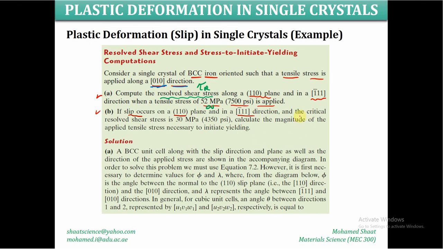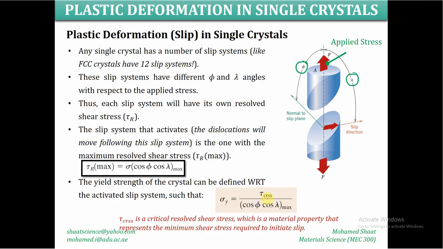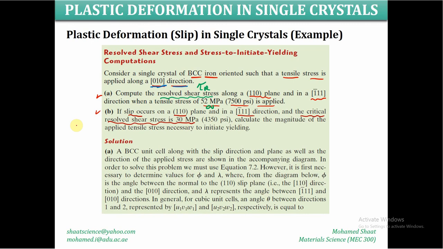So what should be, in case the critical resolved shear stress, what is the critical resolved shear stress? This is the critical resolved shear stress, which is tau critical shear stress. So this tau critical was given as 30 megapascal.